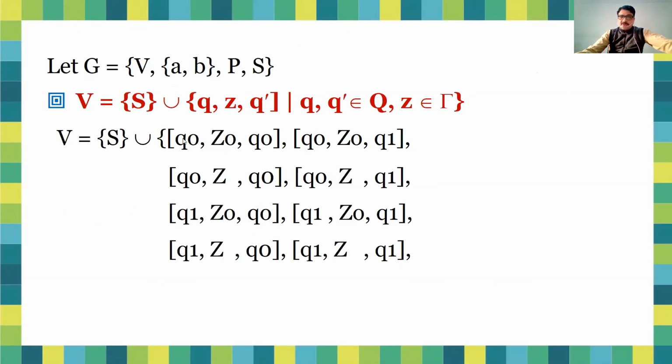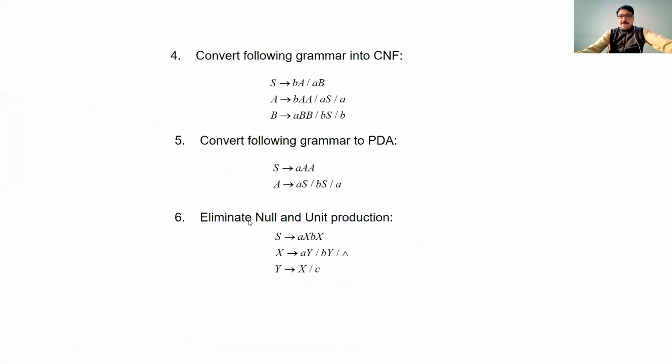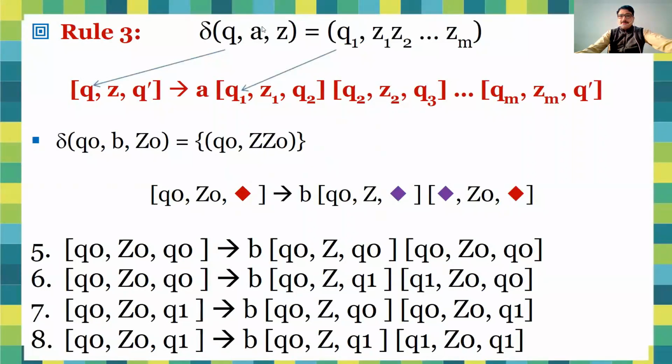In this way you can check that no variable is repeated here. So this is the simple conversion, you can say finding the equivalence from a PDA to the form of a grammar. If you have any confusion or doubt, then we will discuss it.